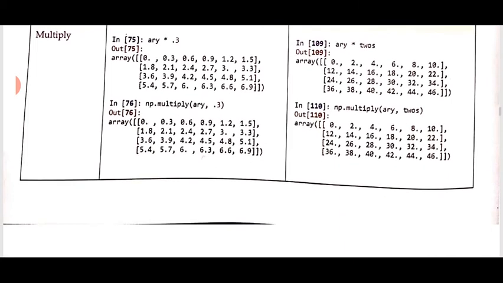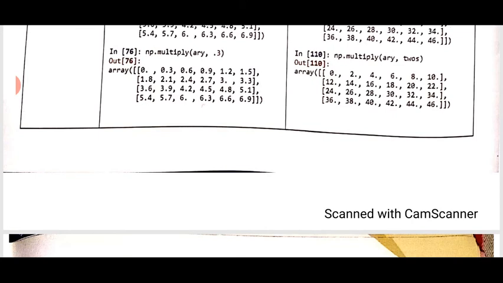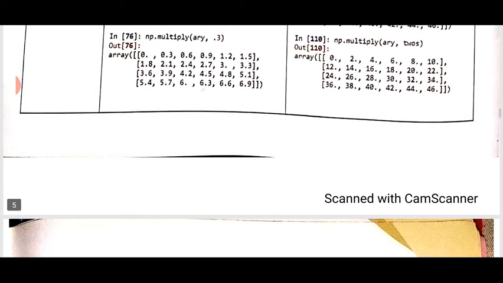So here you are doing array ARY into 0.3. See, all the elements of ARY are going to be multiplied by 0.3. This is known as vectorized operation. And using a function also, we can do multiply, like add and subtract.